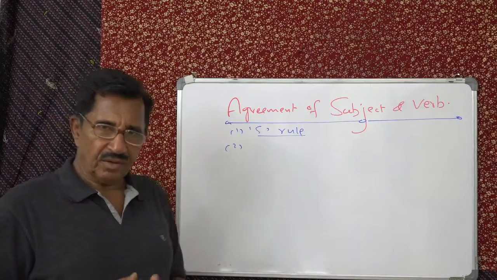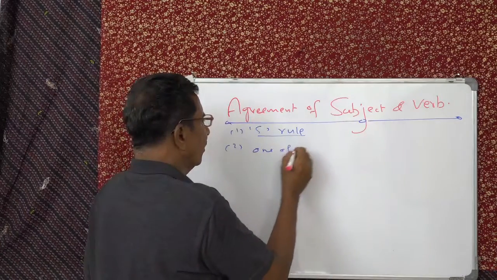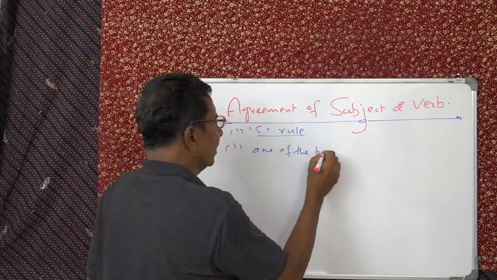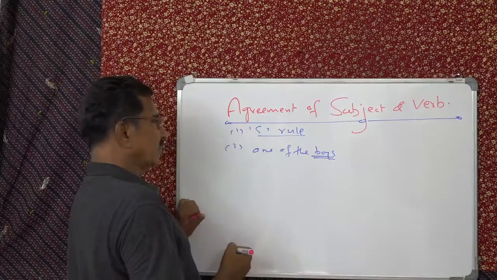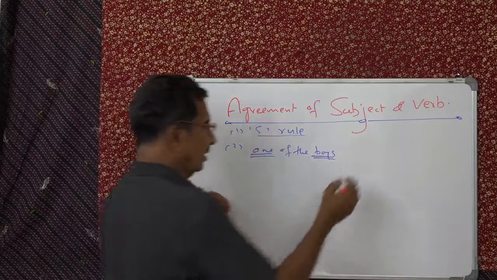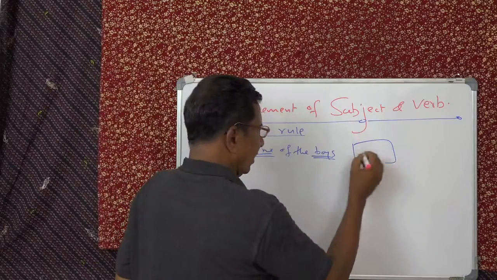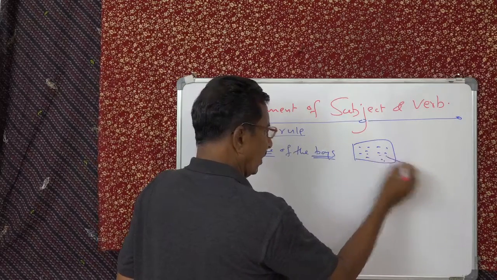Next, you have phrases like this: one of the boys in the class. See, plural noun, but it follows one of the. Suppose this is a class. There are boys like this, plural. One of them.